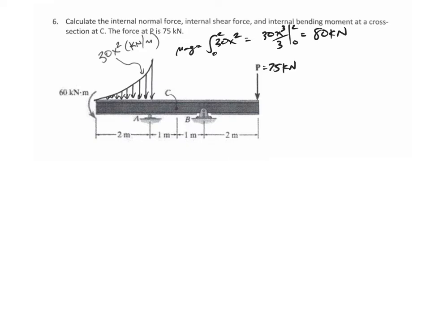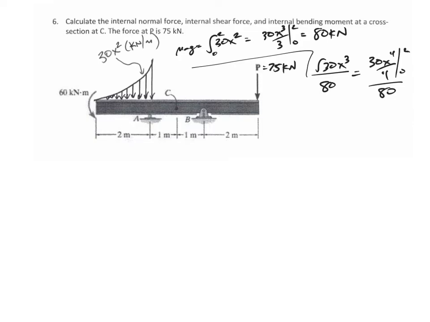And it is acting at the integral of x f of x. So integral of x times 30x squared. So integral of 30x cubed over the 80 that I just found. So the integral of 30x cubed would be 30x to the 4th over 4 from 0 to 2 divided by 80.